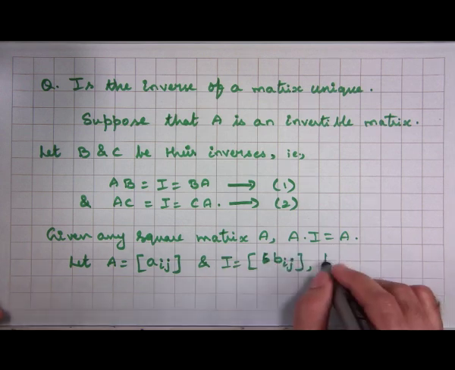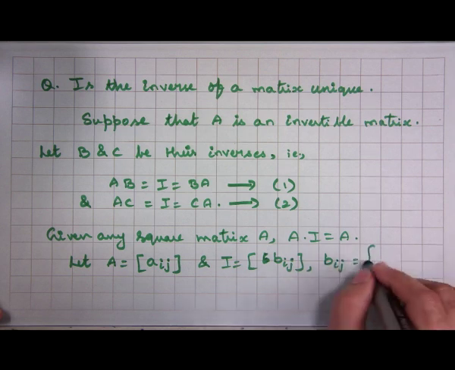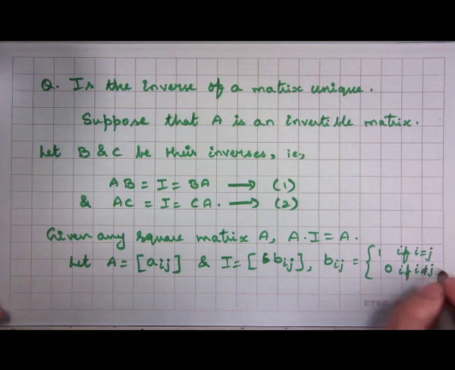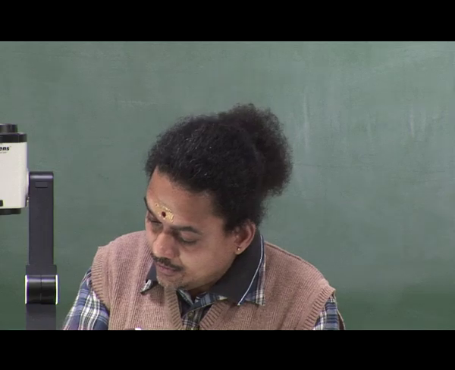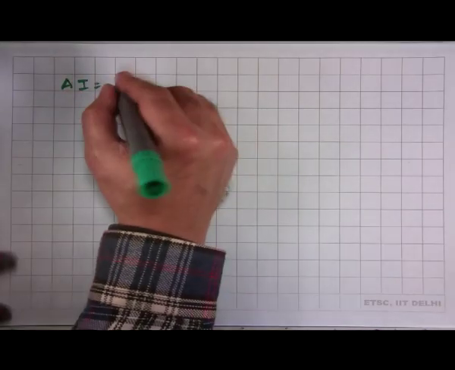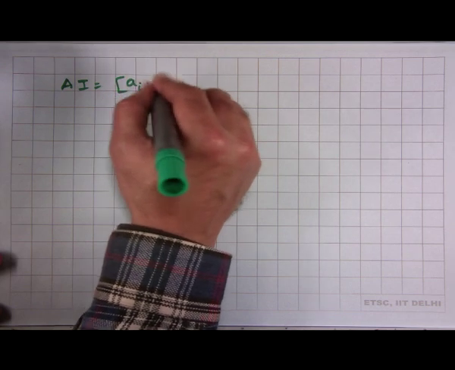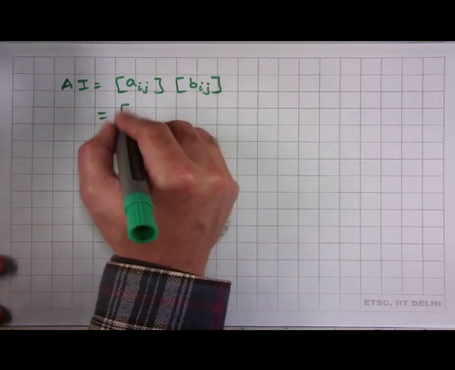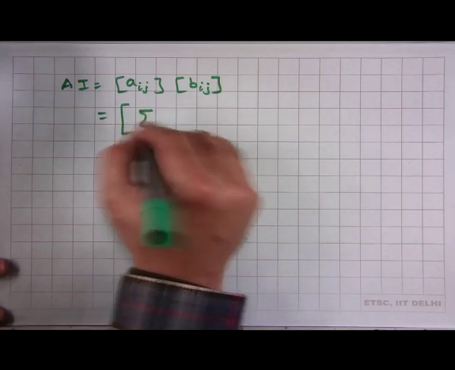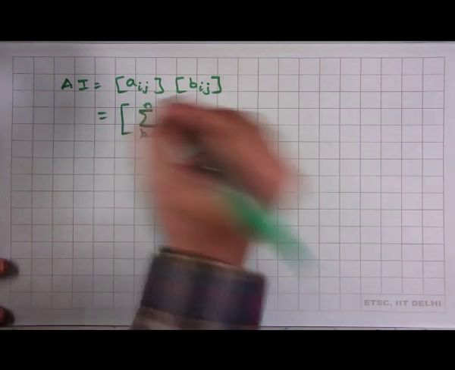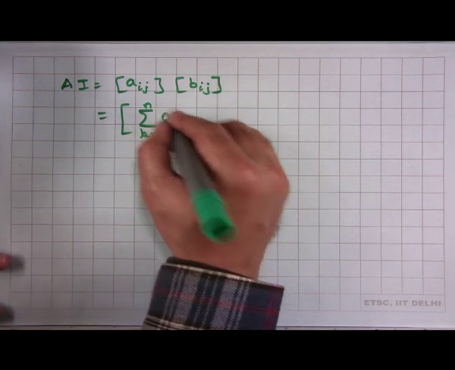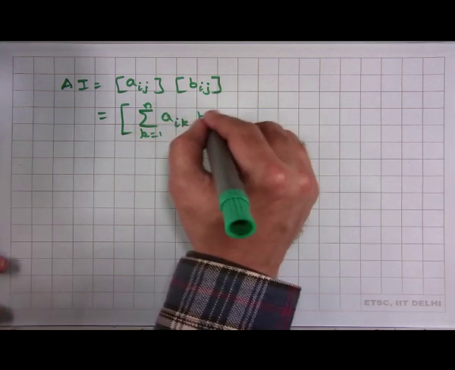Bij is going to be 1 if i equal to j, 0 if i not equal to j. So, now let us multiply A and I. A times I is going to be, by the definition of matrix multiplication, summation k running from 1 to n, Aik Bkj. Let us assume that the matrix A is an n by n matrix.